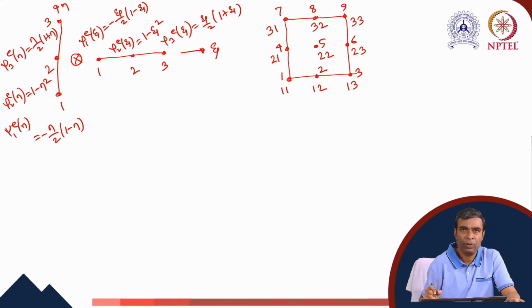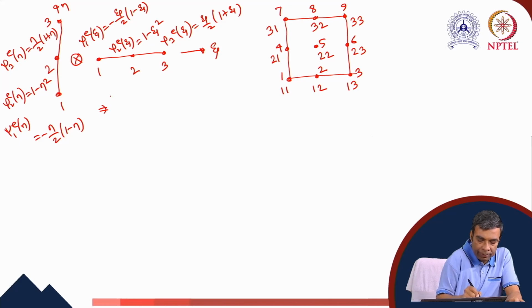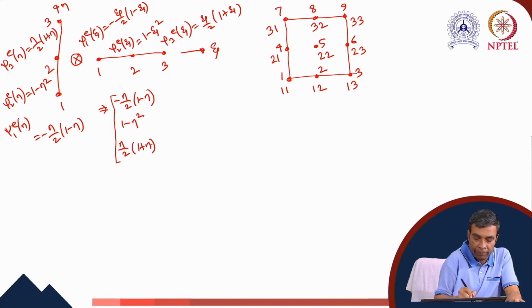Now we can construct the product of these shape functions. This product gives us, so we can write it as minus eta by 2 into 1 minus eta, 1 minus eta square, eta by 2 into 1 plus eta. This is the first column of the vertical shape functions. This is giving us 3 rows, 1 column.